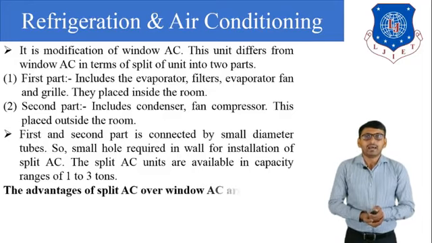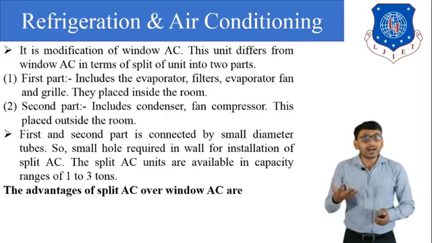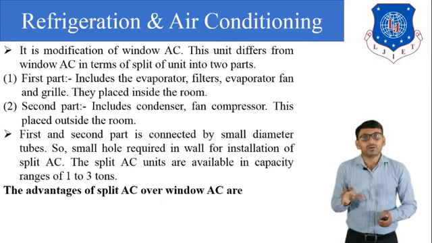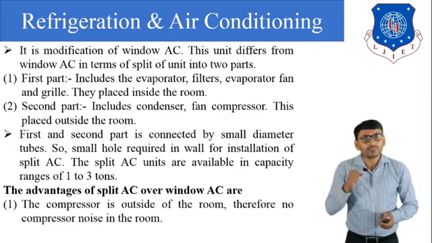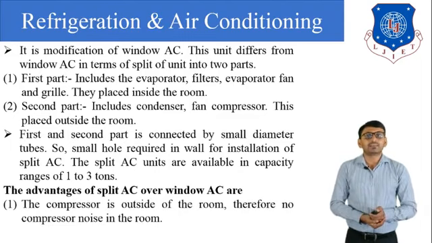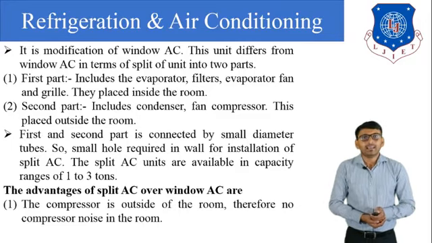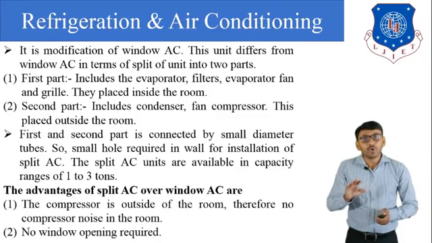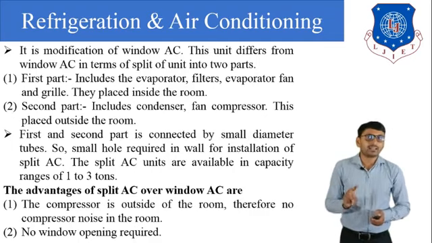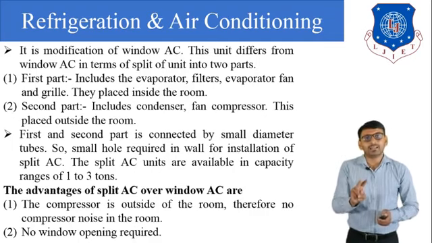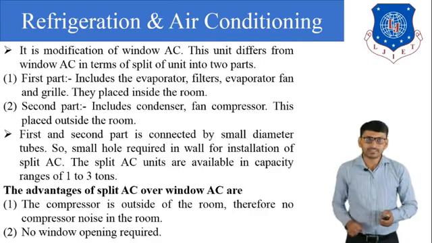Now there are some advantages of split AC over window AC. First, the compressor is outside the room, therefore no compressor noise in the room, and second, no window opening is required.